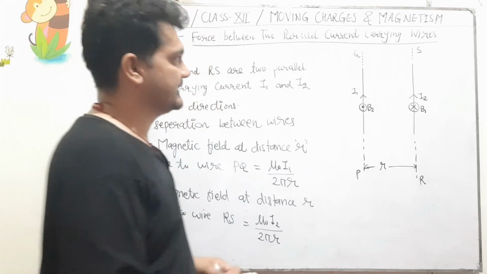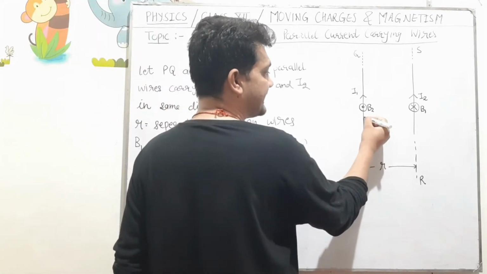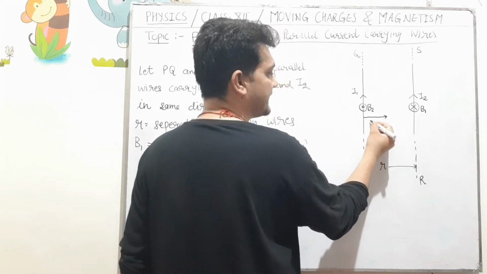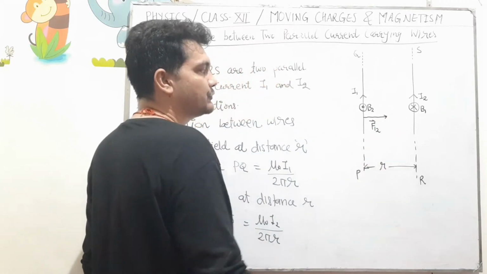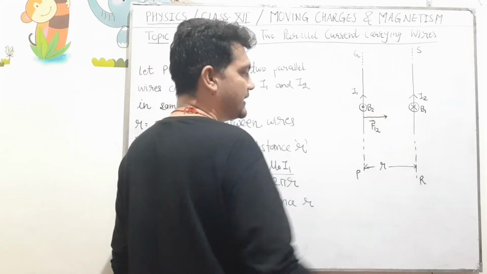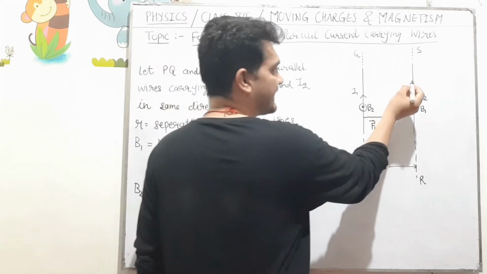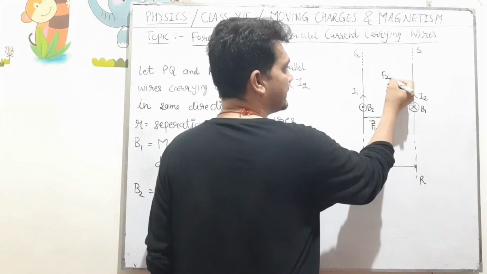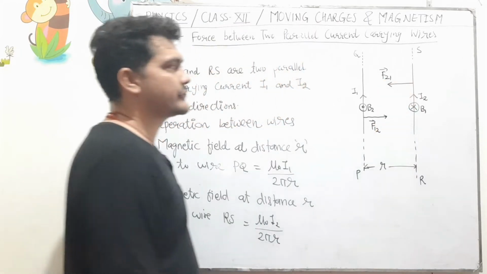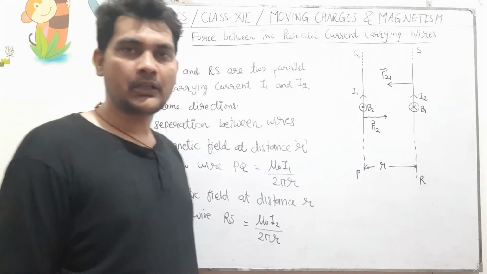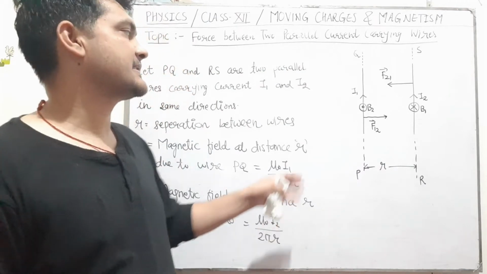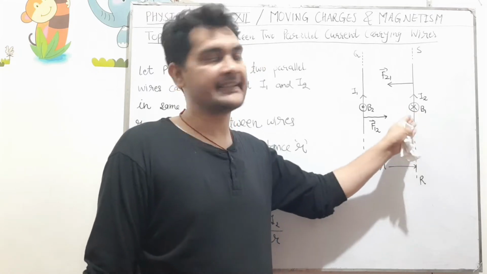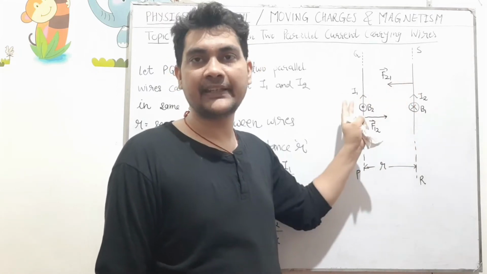Suppose wire PQ is experiencing a force F12, due to the magnetic field of RS, and wire RS is experiencing a force F21. I have shown the directions also, but soon we are going to see why force F12 is towards wire RS and why force F21 is towards wire PQ.